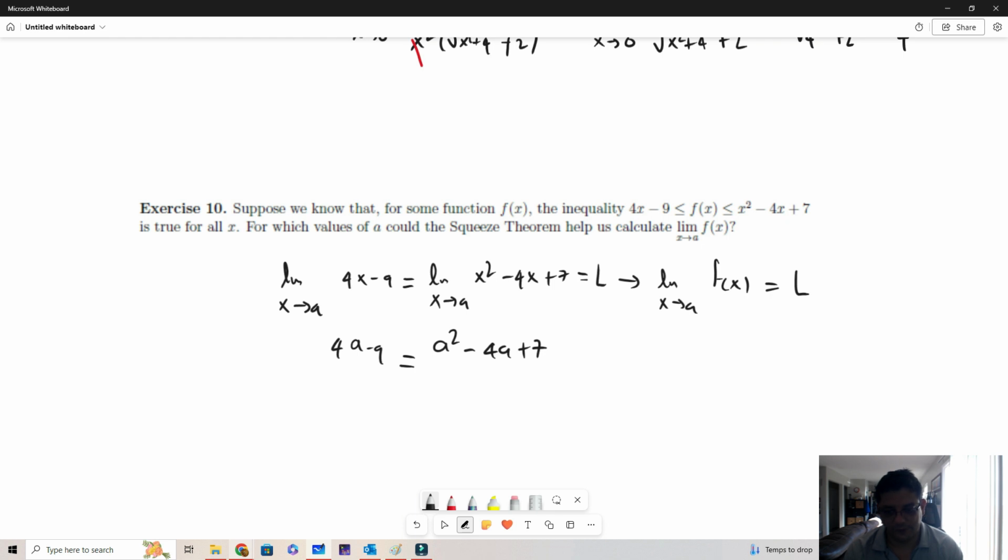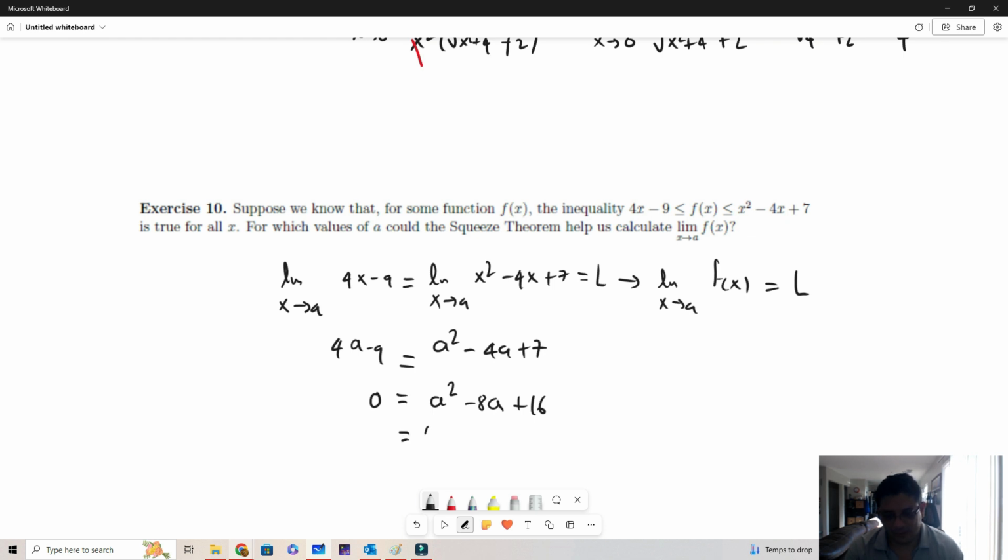So I'm going to fold this into a single thing. I'm going to move this 4a to the other side, and notice that now it becomes a squared minus 8a. And this 9 is going to go to the other side to add, and so it's going to become 16. Notice that I can factor this.